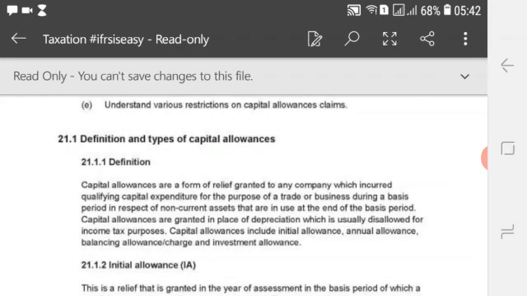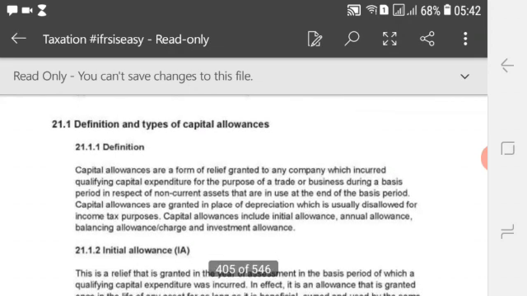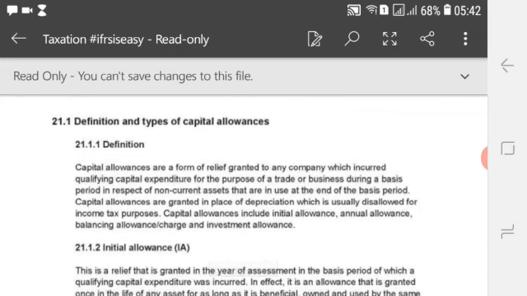You see that when preparing your profit, you add back depreciation. So to this effect, the tax authority brought up a form of relief that will be granted to these companies based on them using qualifying capital expenditure.